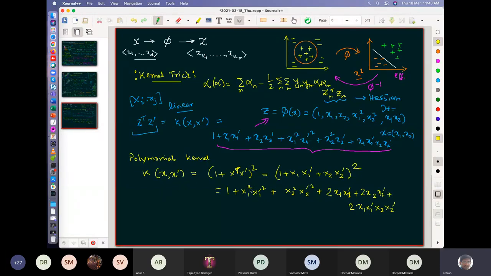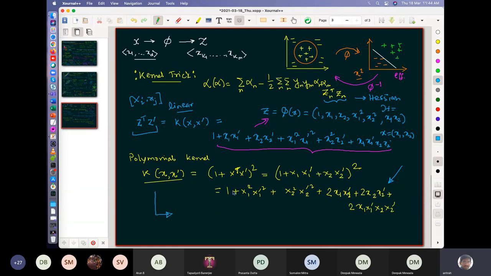Now see, I do not know whether this kernel will transform me to some space. I do not have any idea of some space. What I only need to know is that if I can compute this, I am done, because I can only substitute this value into the Hessian matrix, which will give my support vectors and a linear discriminator.